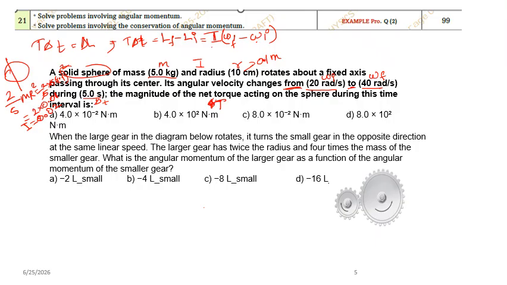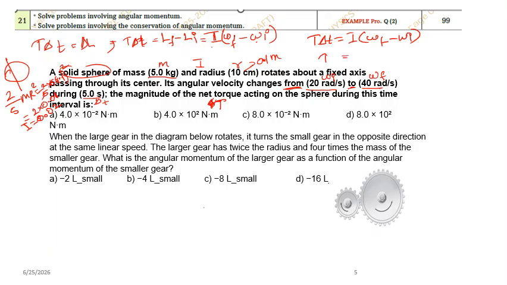Now I need to calculate torque. Looking at our equation again, torque into delta t will be equal to I into omega final minus omega initial. Now delta t you take to the other side.